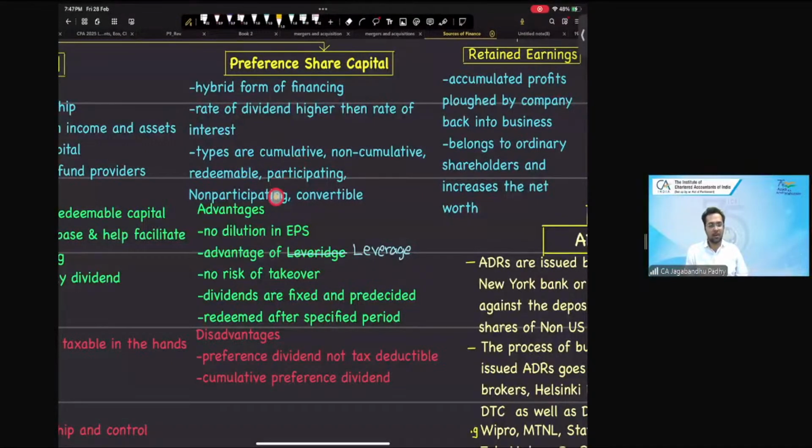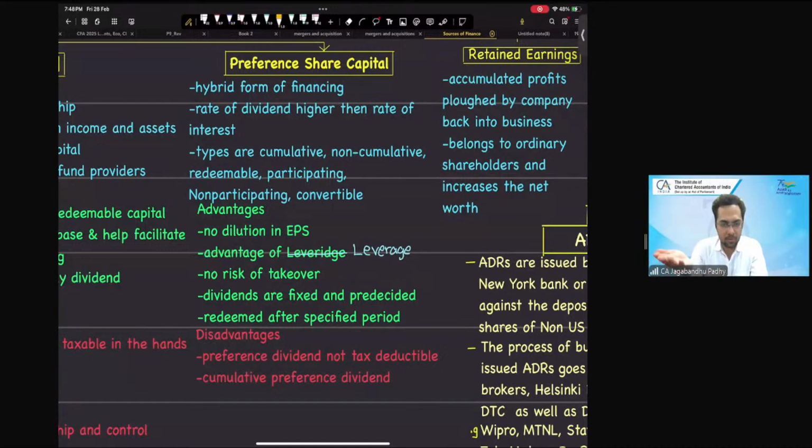Participating and non-participating. Participating means those preference shares which will be given a share in additional profits or extra profits that the company might have made. So they can participate in the extra profit that the company has made. For example, the company may say that these are participating preference shares if the profit of the company is above 100 crores.